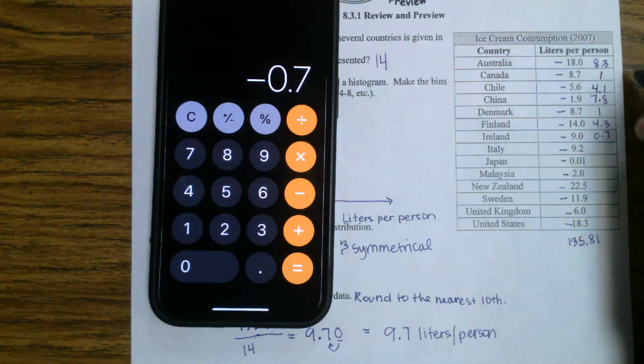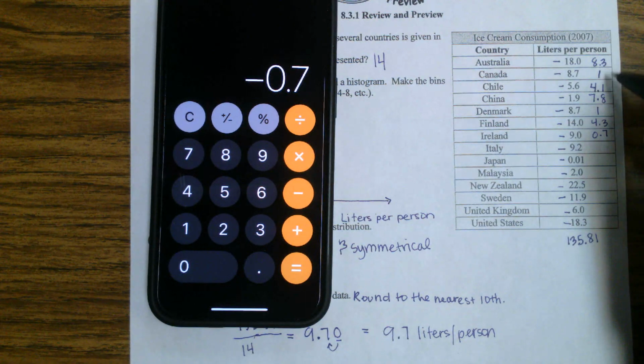Again, this column that I'm making here is the absolute value of the difference between the two.